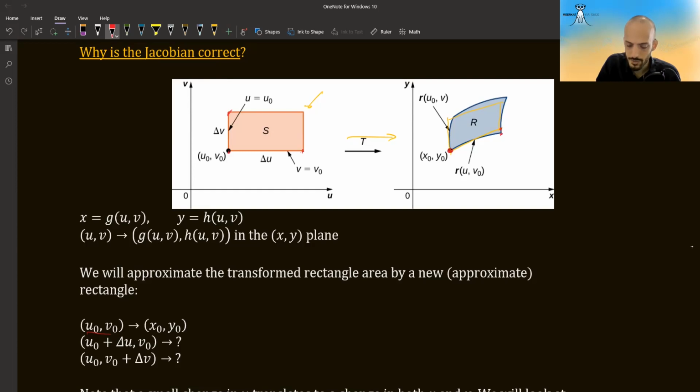So we will get this point over here, and the same for this point. In reality, it will be mapped to somewhere here, but because we use a first order Taylor approximation, we will get this point over here. And then we will want to calculate the area of this parallelogram.